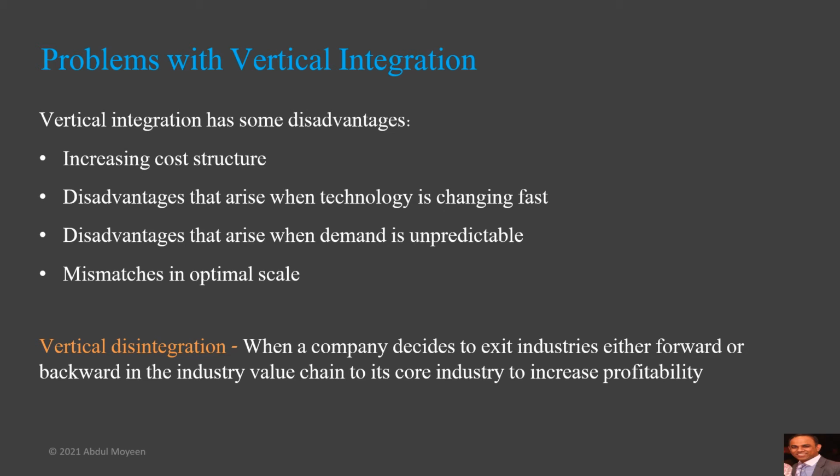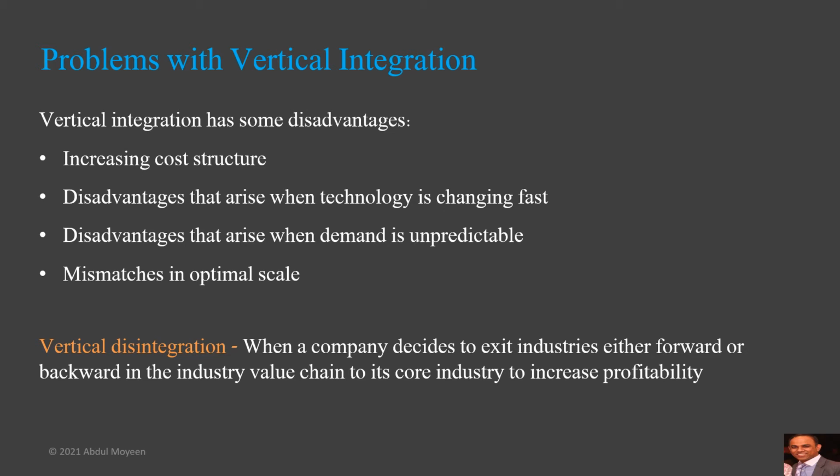Vertical integration can pose a serious disadvantage when it prevents a company from adopting new technology or changing its suppliers or its distribution system to match the requirement of changing technology.